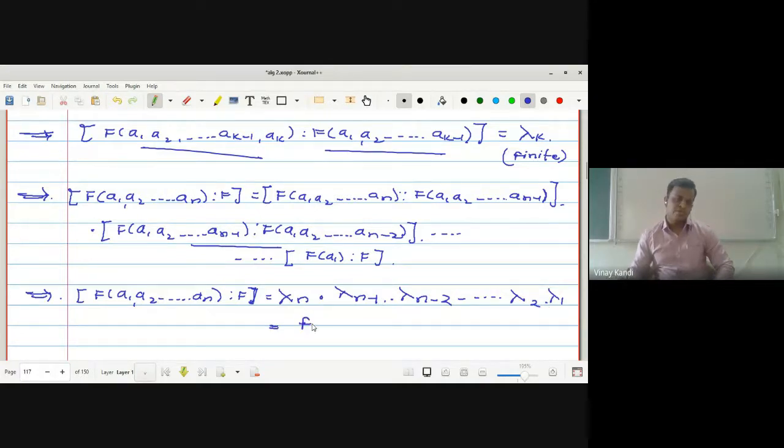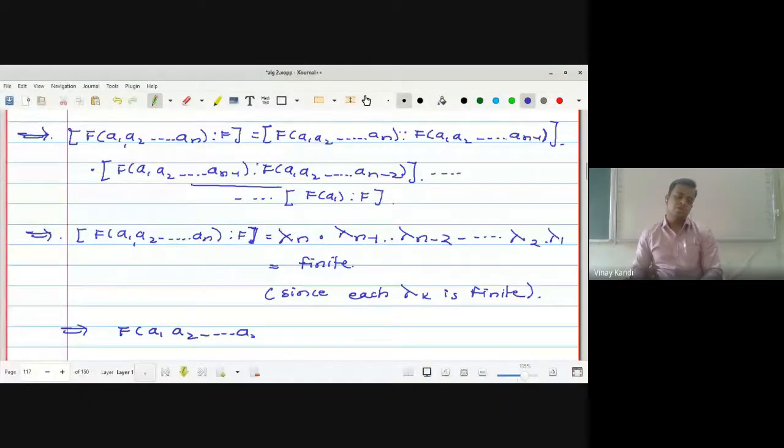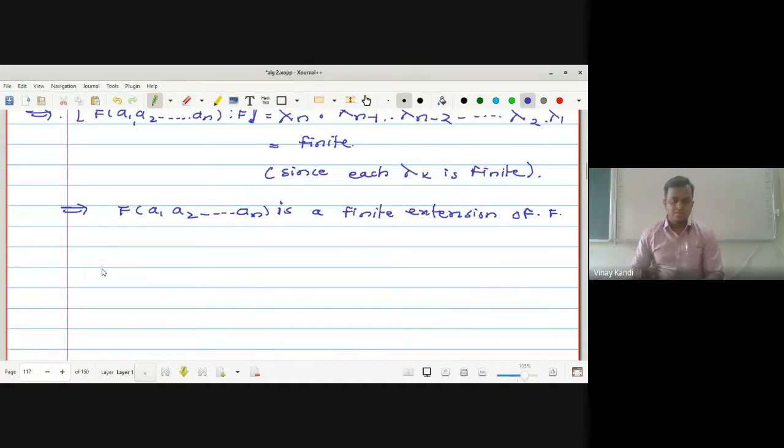But since each lambda K is finite, F of A1, A2 up to so on AN over F is a finite extension of capital F. And we know that every finite extension is an algebraic extension.